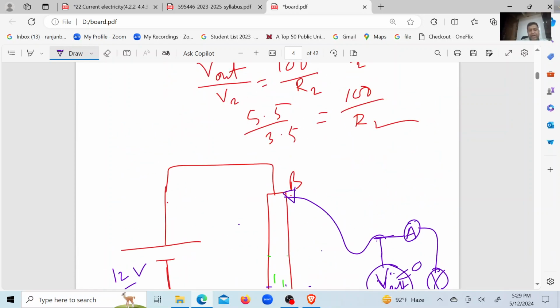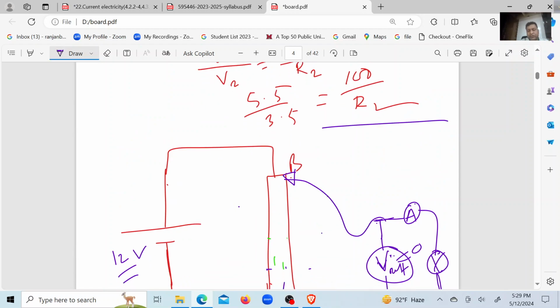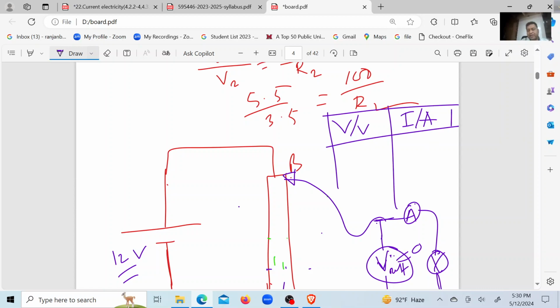So you can make a table with column headings V of the lamp and I of the lamp, and you can collect data. For 0 volt, definitely the current will be 0. For 1 volt there will be a current, say 0.1.